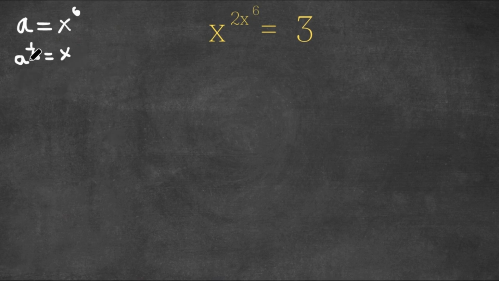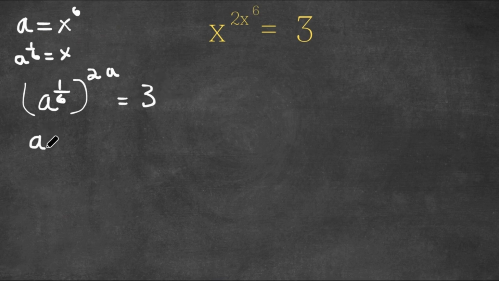Meaning x is equal to a to the power of 1 over 6. So I'm actually going to plug in a to the power of 1 over 6 for x here. So we have a to the power of 1 over 6 to the power of 2a. Because remember, a is equal to x to the power of 6. And now this is equal to 3.